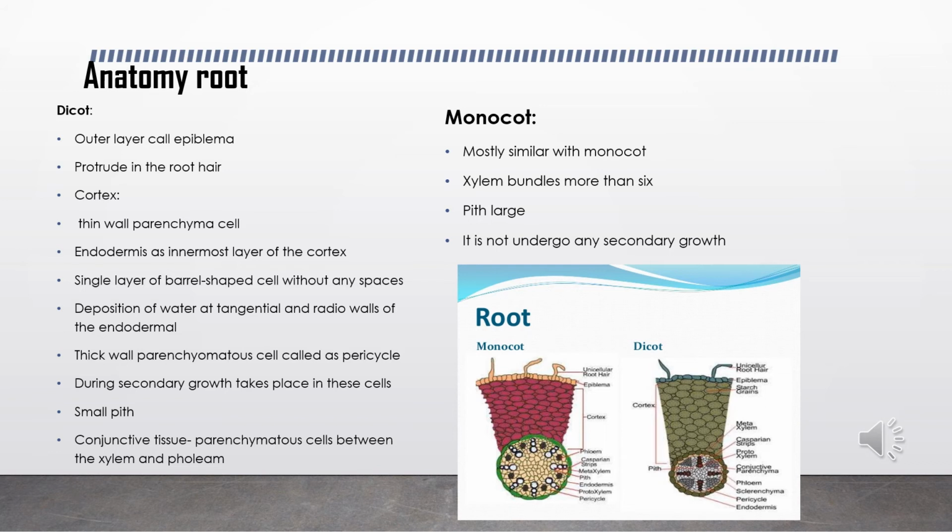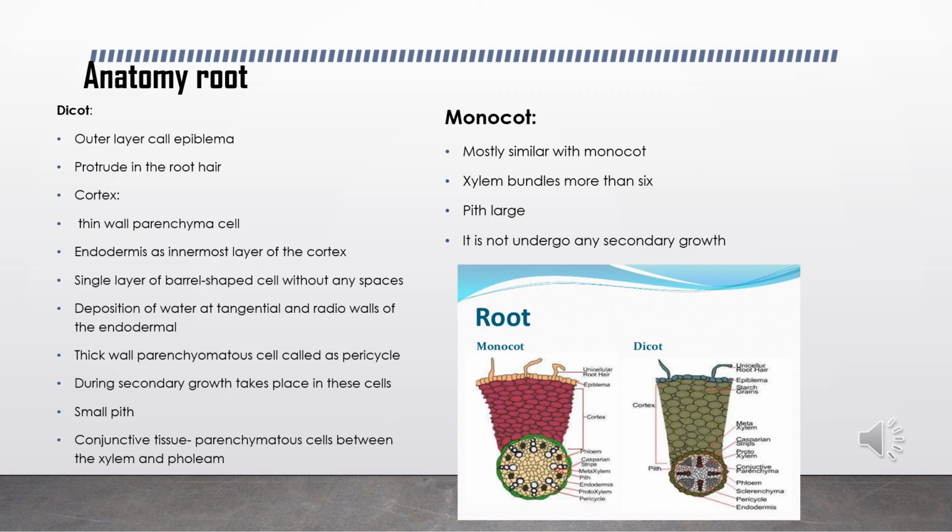The innermost layer of the cortex is called the endodermis. It comprises a single layer of barrel-shaped cells without any intercellular space. The tangential as well as radial walls of the endodermal cells have a deposition of water-impermeable material.